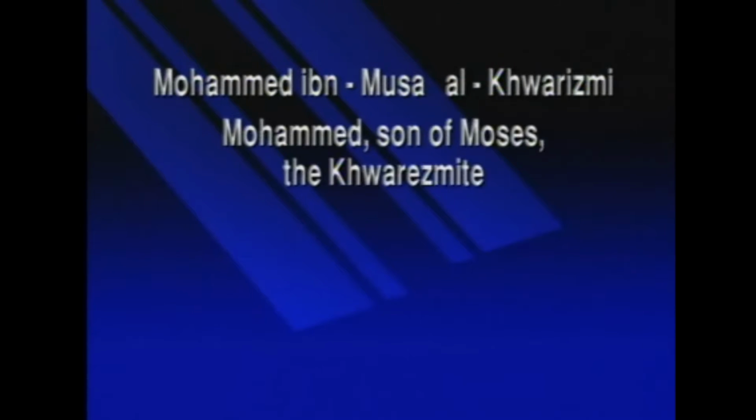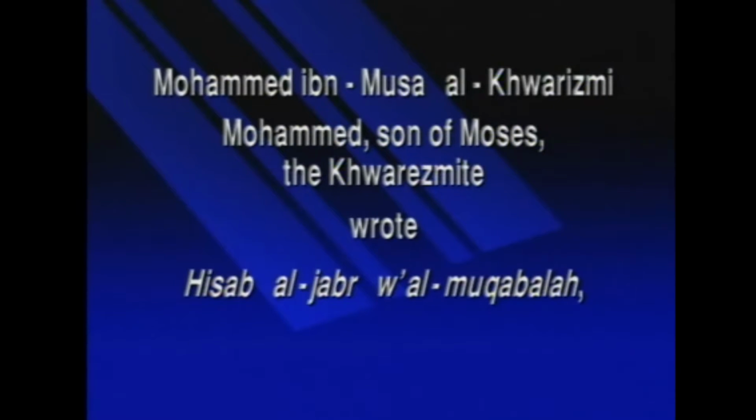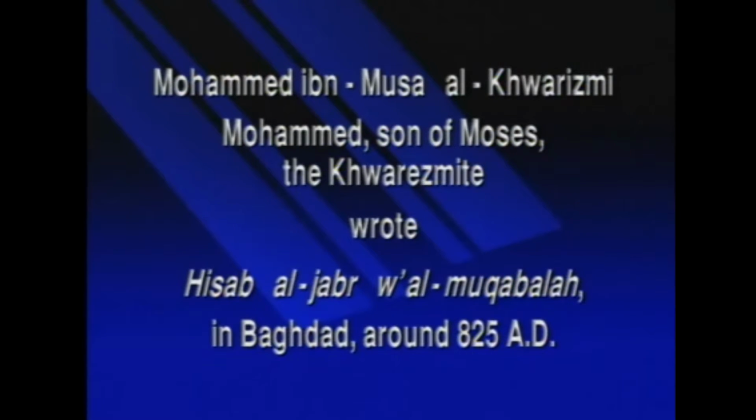And that means Muhammad, son of Moses, the Khwarizmite, who wrote the book entitled Hisab Algebra wal Muqabala, with a more or less good pronunciation. And he wrote that in Baghdad around 825 AD. So we're talking about the 9th century. That book was then translated into Latin in the 12th century, and then it spread throughout Europe.